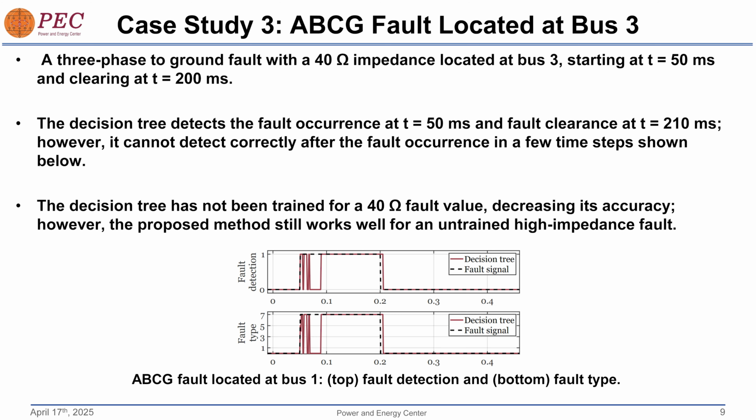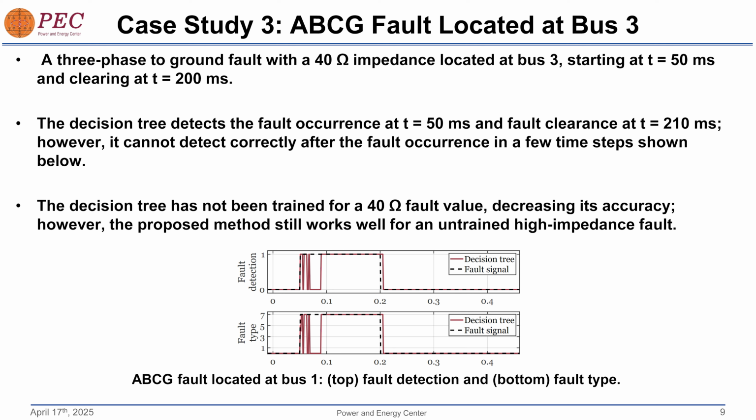So this last case study is actually a really interesting one. We wanted to throw something a little bit different at the model to see how it would react. If you notice, the fault resistance here is 40, and the model had never seen a fault resistance of 40 before. In all of our training data, there were no 40 ohm resistance faults.